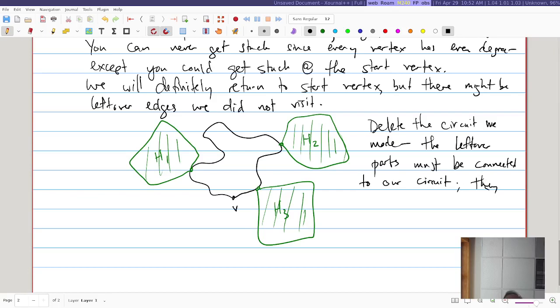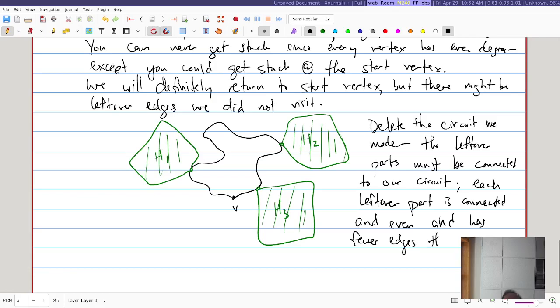And then I'll say each leftover part is connected and even and has fewer edges than we started with, fewer edges than our whole graph G. So by the induction hypothesis, each one has an Eulerian circuit.